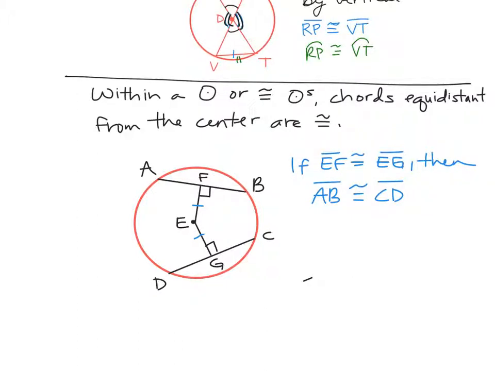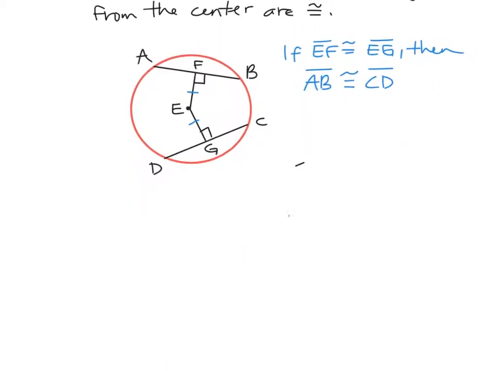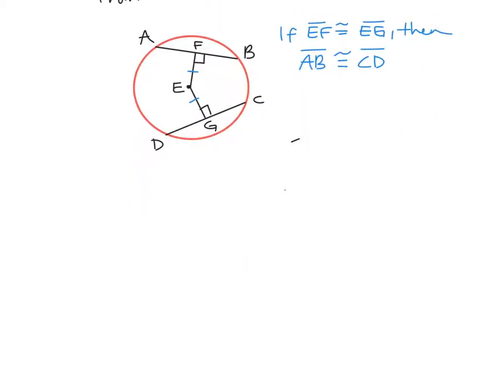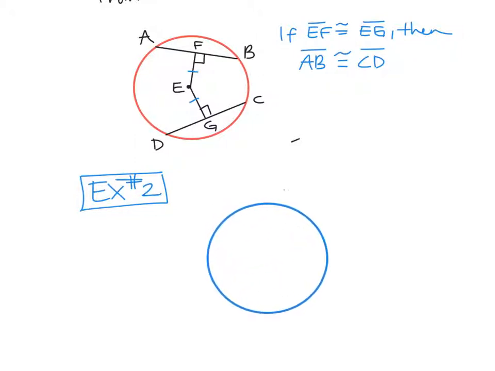So I'm going to give you two problems here, two pictures of that. And these problems are so quick. Usually you can look at it and see it and it's done before you really even get started. Let's say you have a chord and a chord.